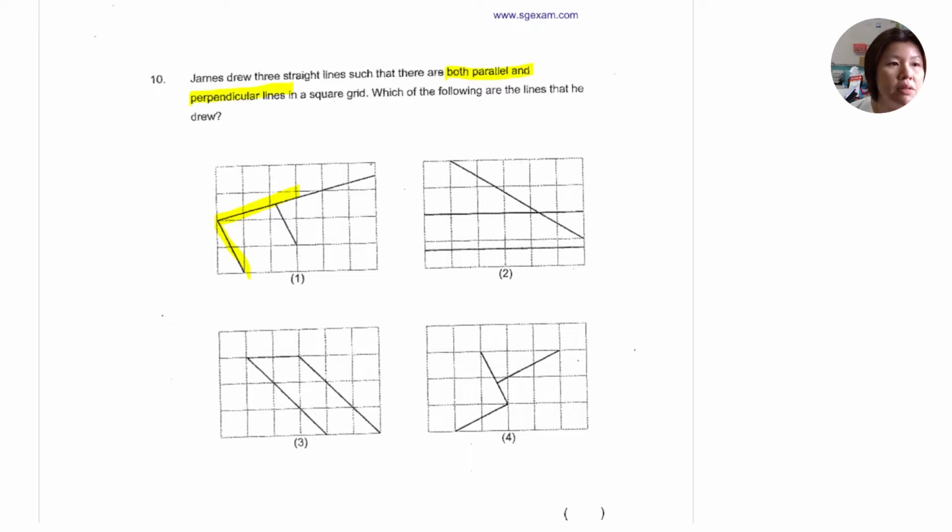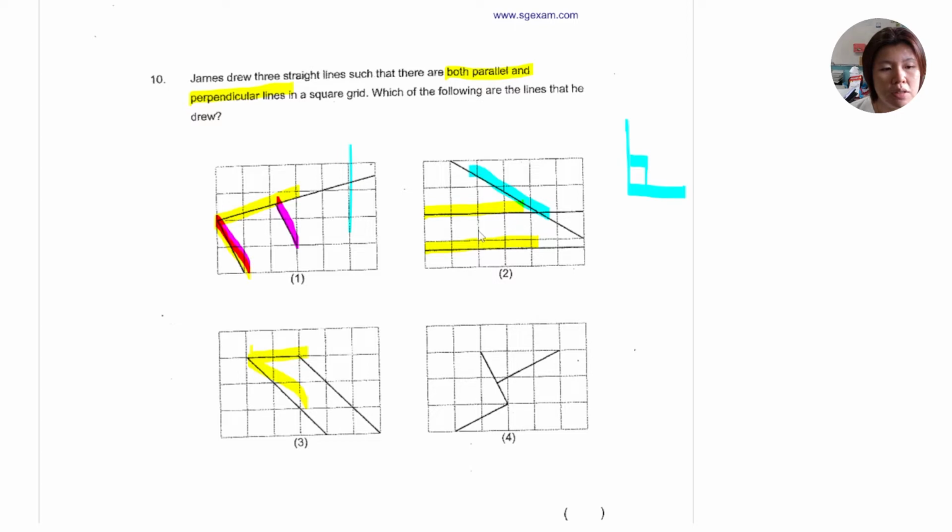When I have perpendicular, I parallel here. Okay, so let's move on. Next one. This line and this line is parallel, but this line is not perpendicular. Perpendicular must be 90 degrees. Okay, so let's move on. This line and this line is not perpendicular.